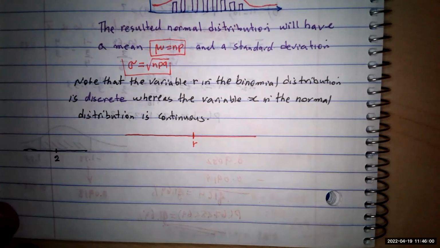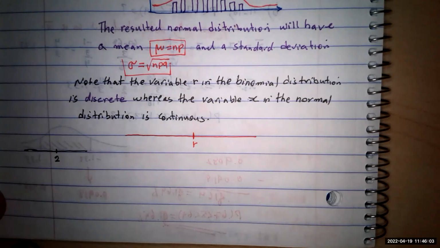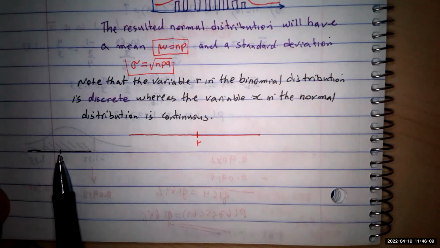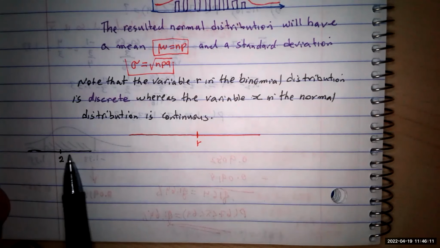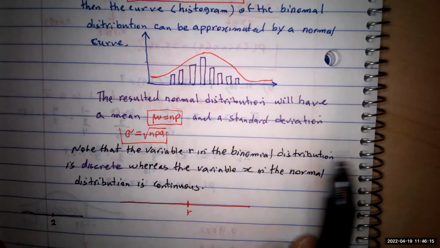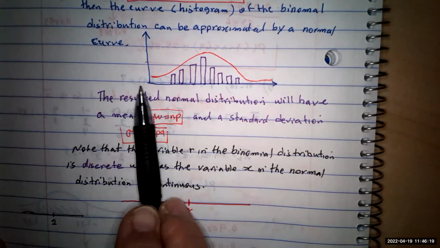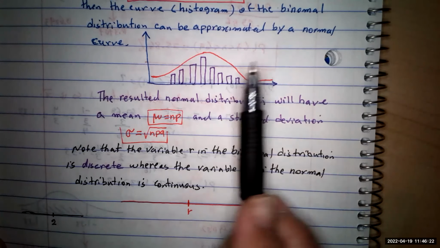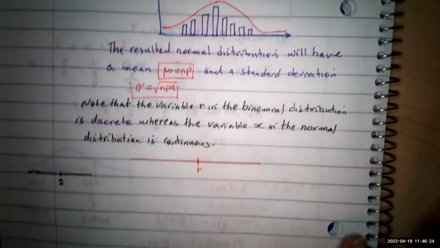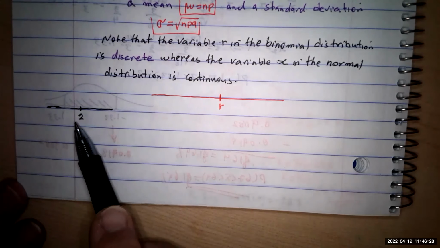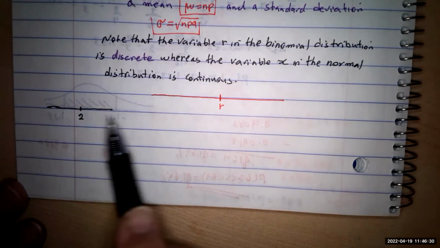If you want to find the probability that R is equal to 2, that's a binomial. But in the case of the normal, you can do it if you find an interval around the 2. Because the z-score is an area, it must be an interval, remember, from negative infinity to 5, or 5 to positive infinity. So what we usually do is make an interval around the 2, or around the R over here.